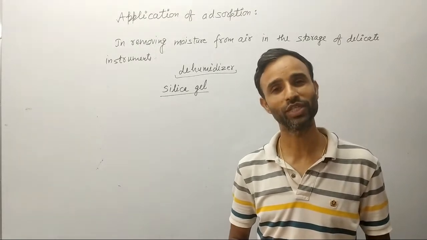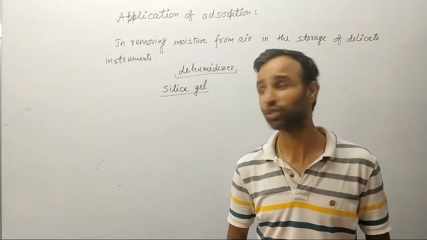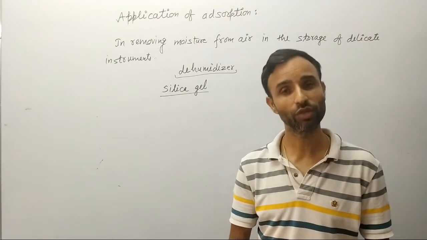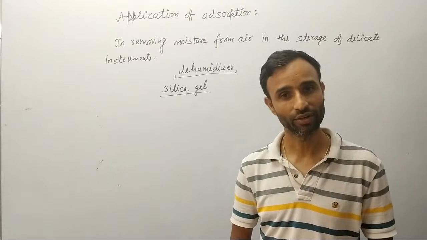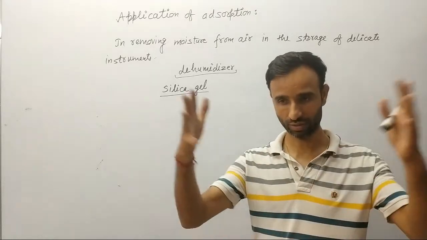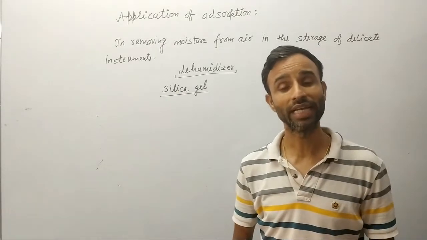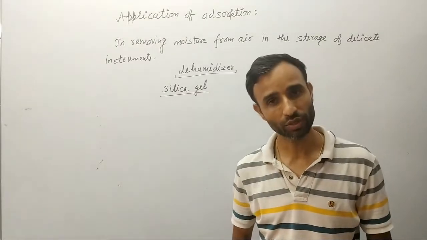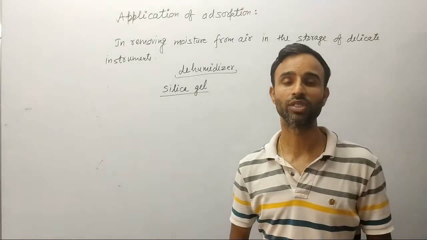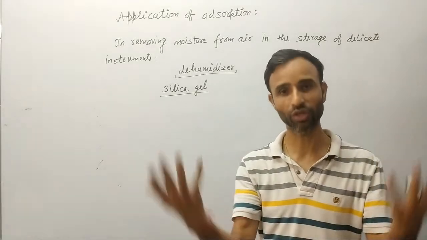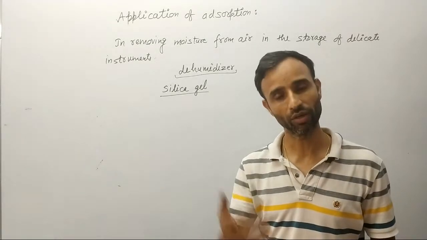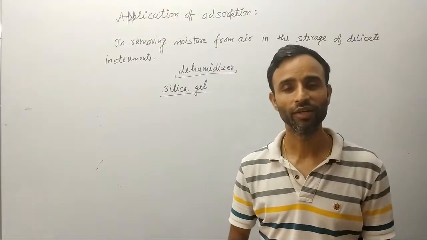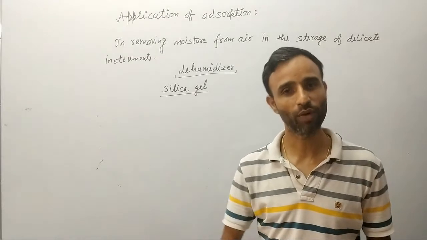That is silica gel. So silica gel is used as a dehumidifier to remove moisture from the air or to store delicate instruments which are harmed by moisture, because there is a chance of deterioration by corrosion, like rusting of iron.